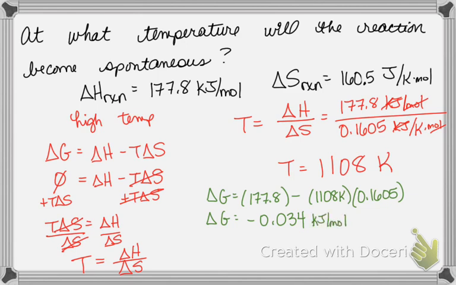So it is negative, y'all, but it's very small negative. So see, the higher the temperature you go, the reaction's going to increase its negative in delta G, and that's going to favor the product formation. Okay, so at 1108 Kelvin, it's spontaneous, but the products are not largely favored. I'm stumbling all over my words this morning.